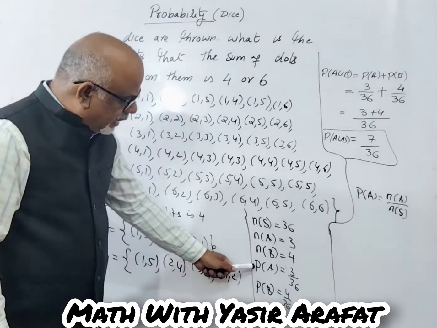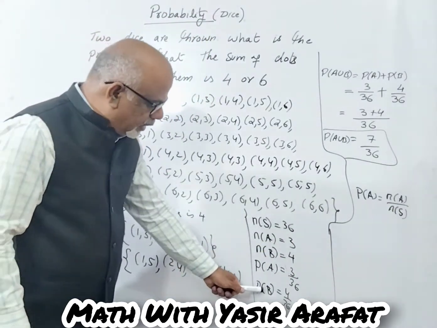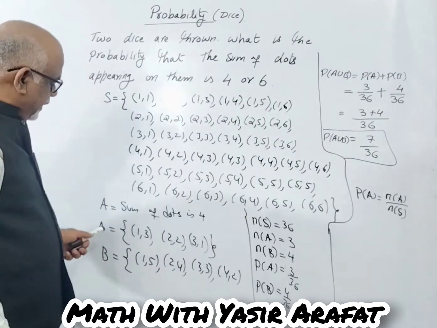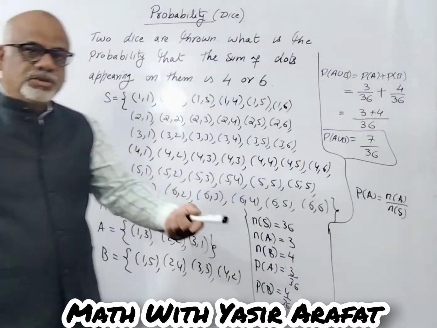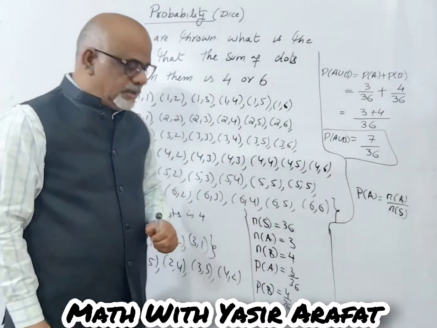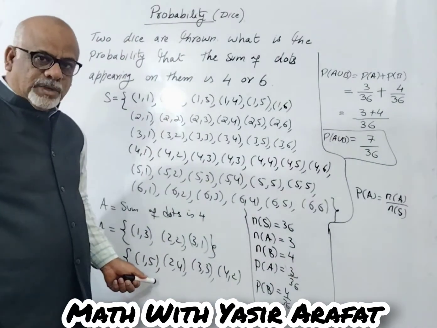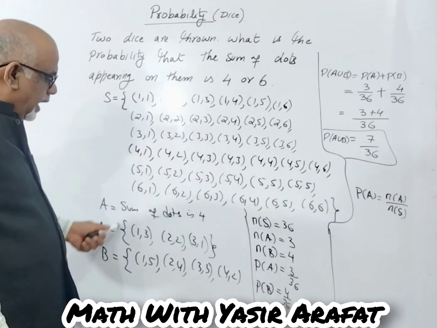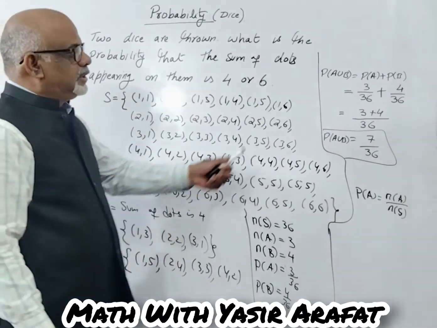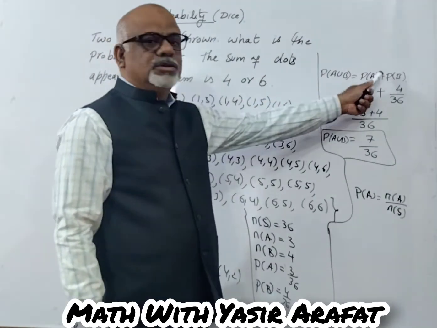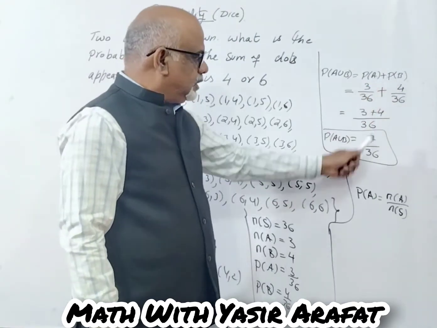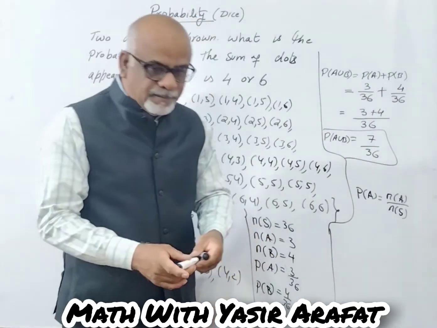So we have to find the probability of A and the probability of B. First we have to check whether they are mutually exclusive events or non-mutually exclusive events, that is, whether A and B are joint sets or disjoint sets. A and B are disjoint sets. That means they are mutually exclusive events. So this is the result of this question.